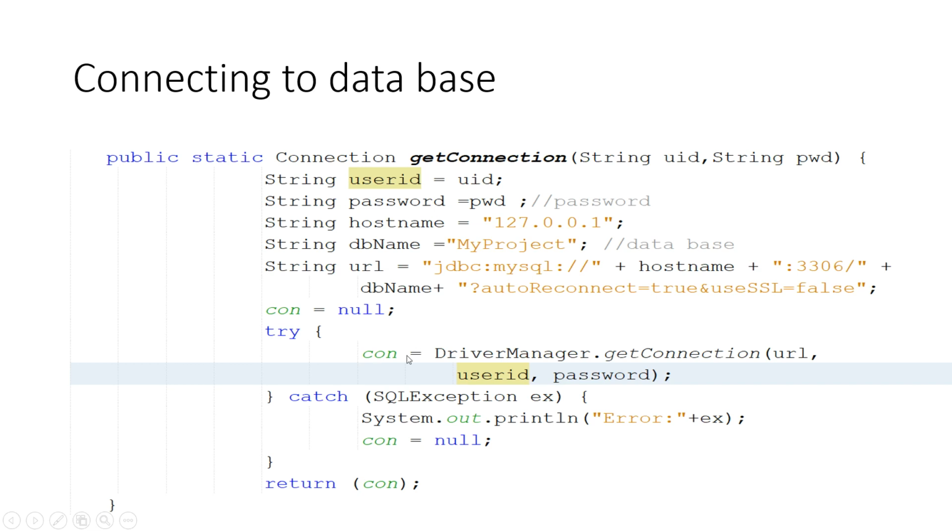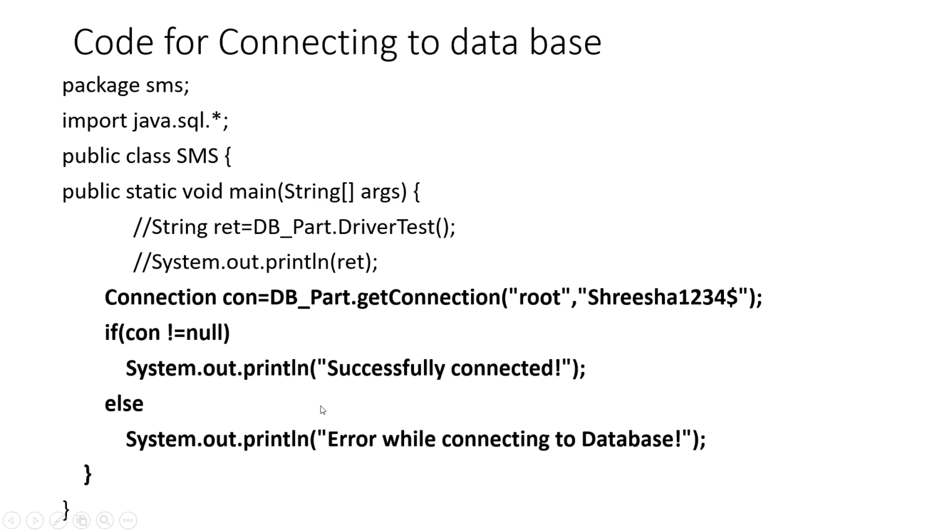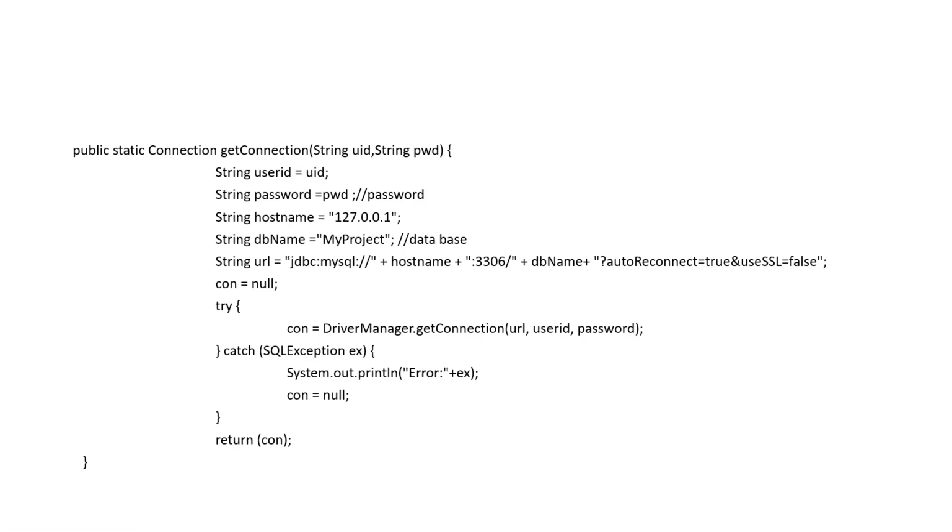Otherwise, the connection will be attained and you can return it. So this is a piece of code that you can copy when you are developing. This getConnection is a user-written method. Don't get confused. DriverManager.getConnection is the library method. This is my own code. Otherwise, you can have a different name for that particular method.